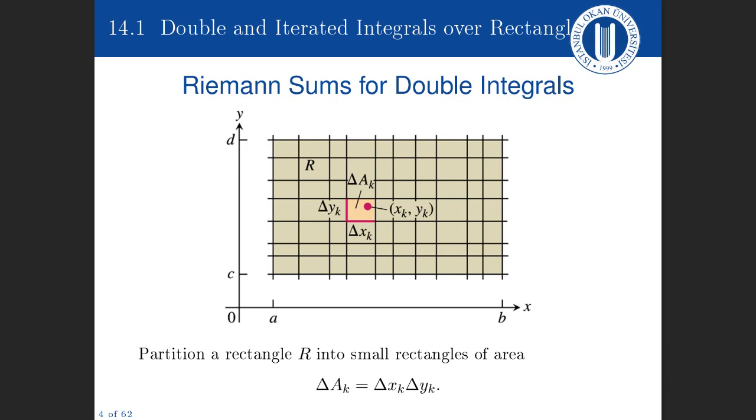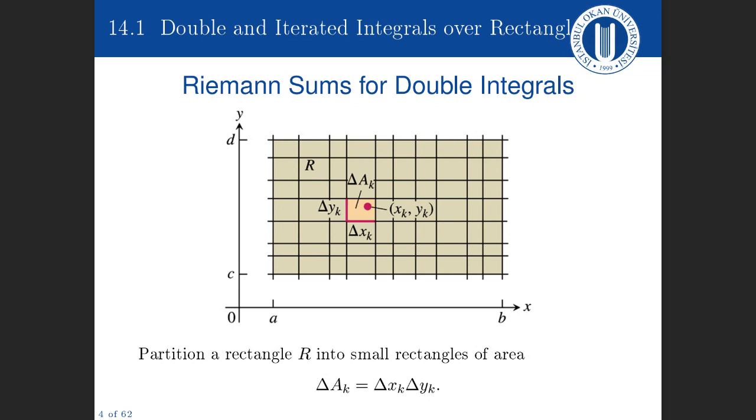And as before, these rectangles don't all need to be the same size. The area of the kth rectangle we're going to call capital delta A subscript k, and that will be the width of the rectangle multiplied by the height of the rectangle.